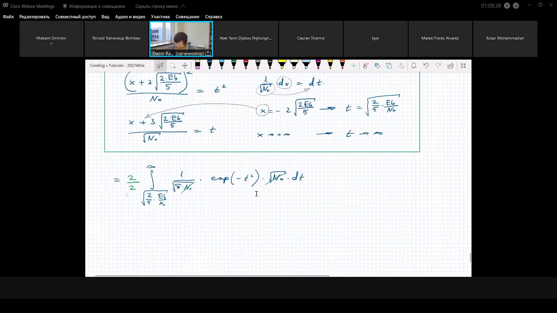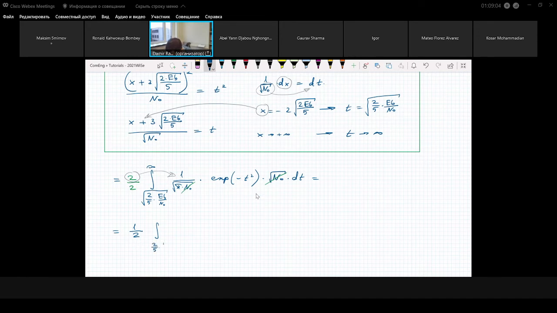I will take the 2 in the numerator and put it inside the integral. Then the resulting expression will correspond to the definition of the complementary error function.